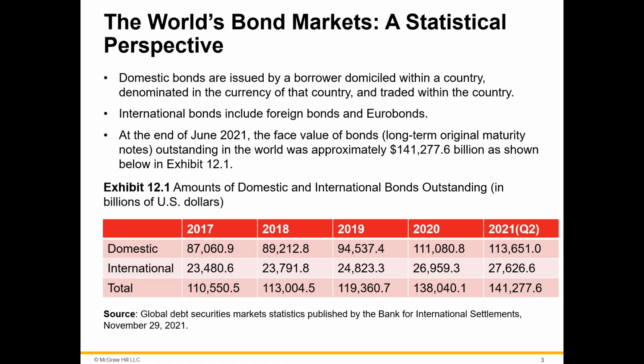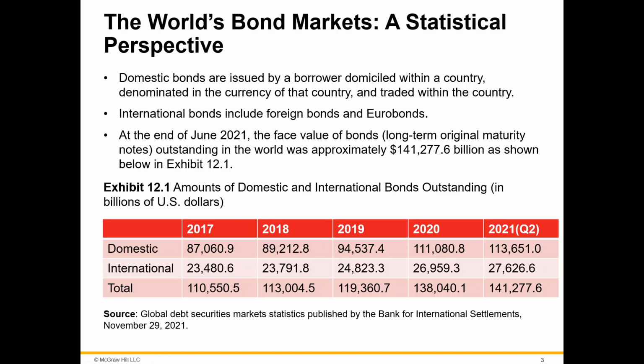And so in terms of domestic bonds versus international bonds, the domestic bond market is about 4 or 5 times bigger than the international bond market.